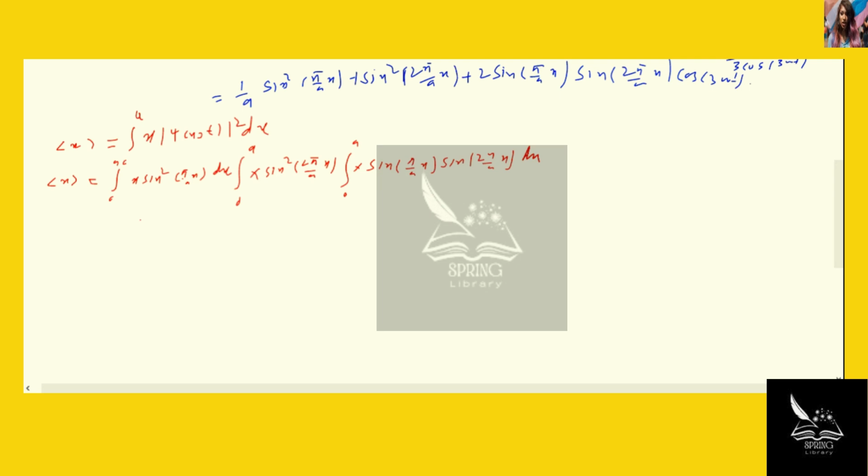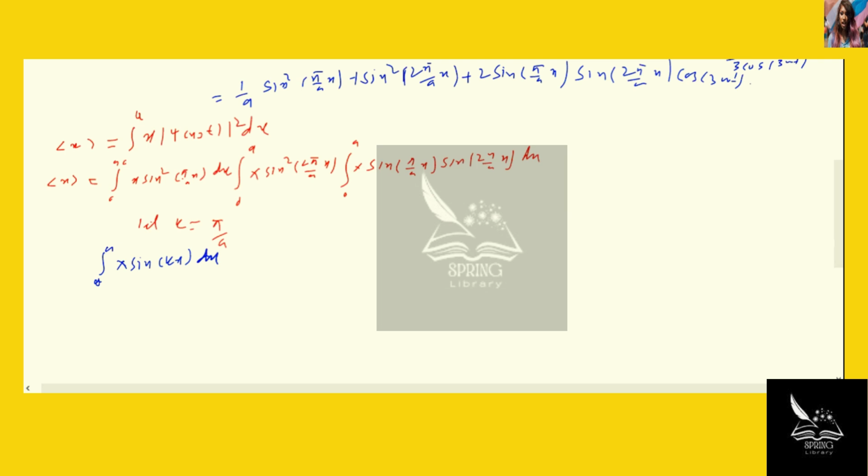So let k equal to pi by a, then the above integral reduces to 0 to a of x sin squared kx dx.